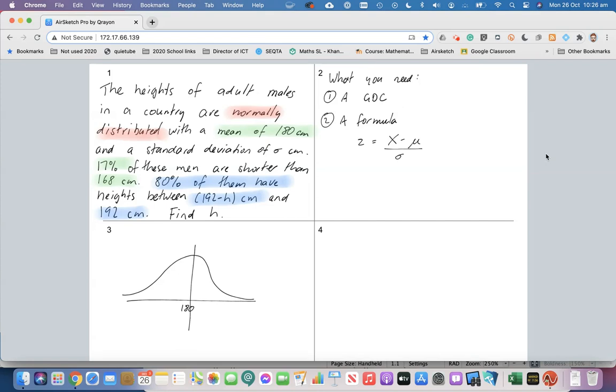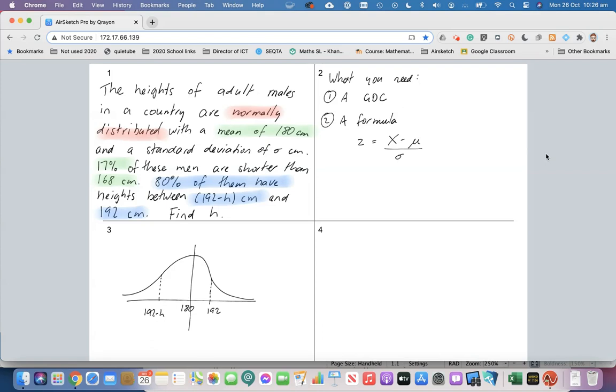Well, what does that mean? If I take 192, which is somewhere here, and then there's 192 minus h. It doesn't have to be symmetrical, but I'm going to deliberately make it not symmetrical. That feels symmetrical, it wasn't meant to be. That's 192 minus h, like so.